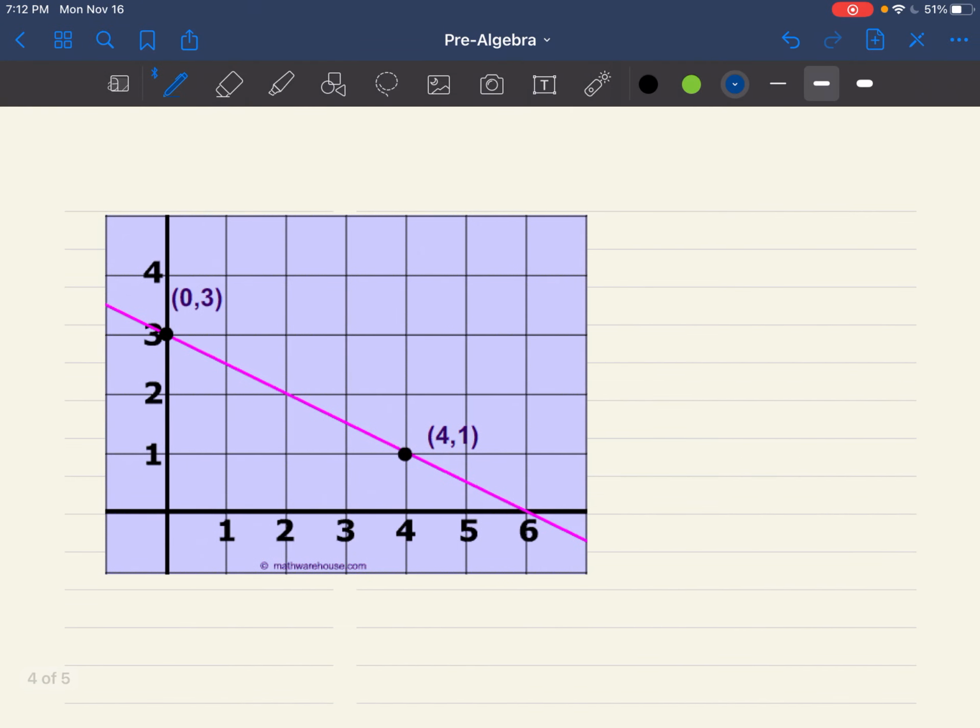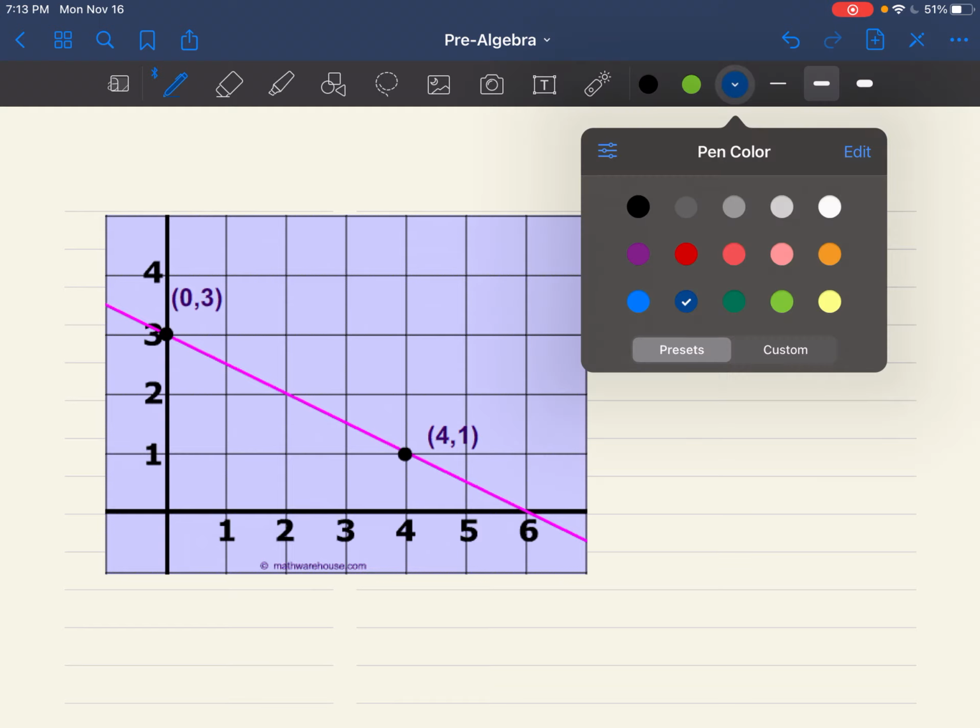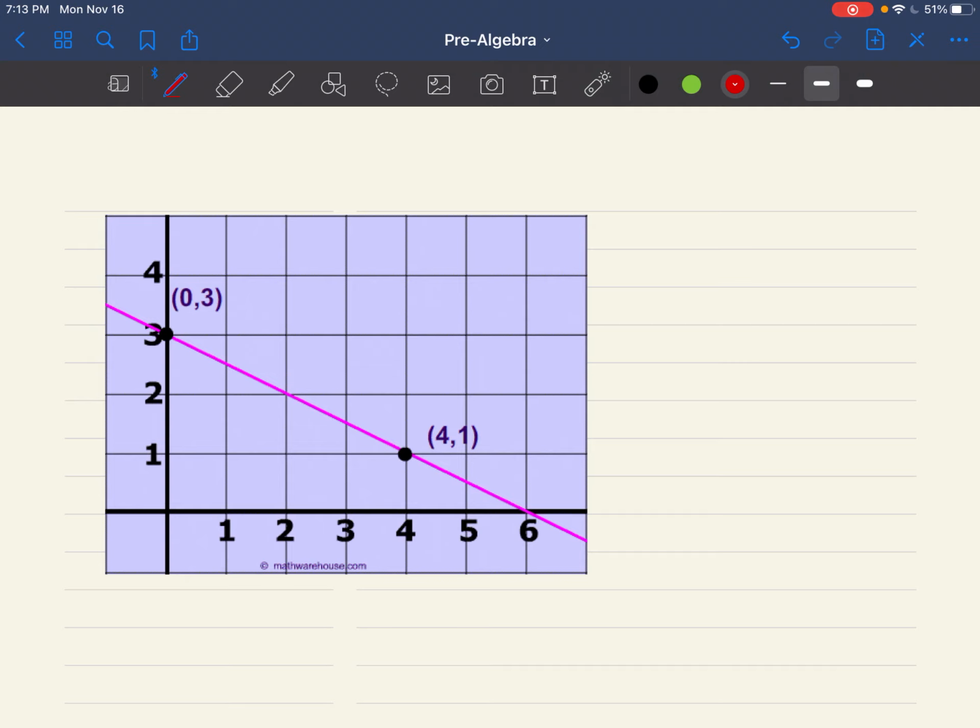Now I want you to pause the video and I want you to think about, what is the slope here? Think about, how would I translate one of my points to then get me to my other point to draw in my slope triangle. So right here, if I start down here at my bottom point, and I'm going to travel up, remember up is positive, so that's going to be 2 boxes up. And then I'm traveling to the left.